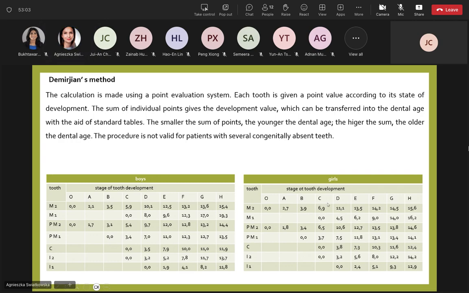Now, for all of these teeth, we check the value for all the stages, and we sum all the values. So we add for each tooth this value. We have a different table for boys and a different one for girls.